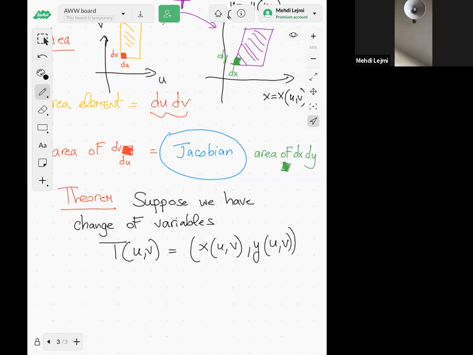So we have this transformation T. We need T to be one-to-one. This is really important.